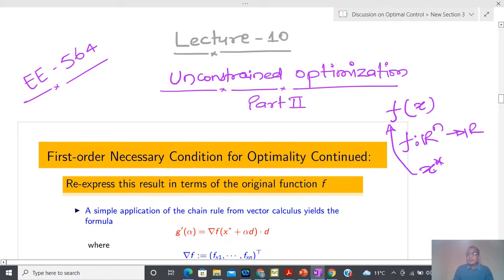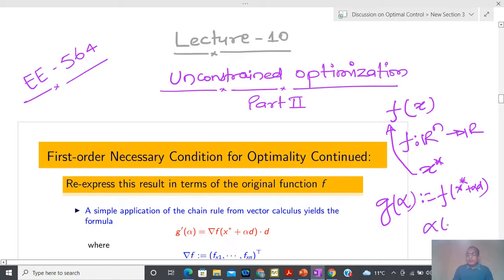f(x), at that time I have some condition. In order to find that condition, first I can express this f(x) in terms of some other scalar function g(alpha), and I have defined g(alpha) like f(x star + alpha d).